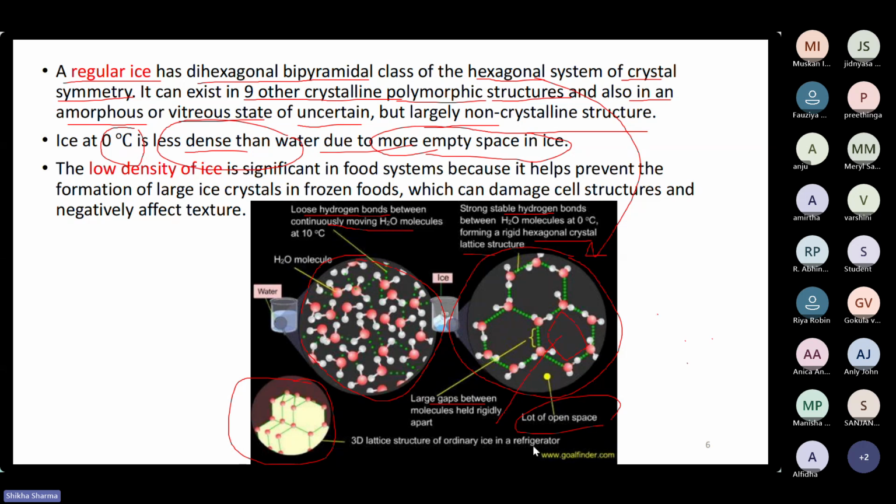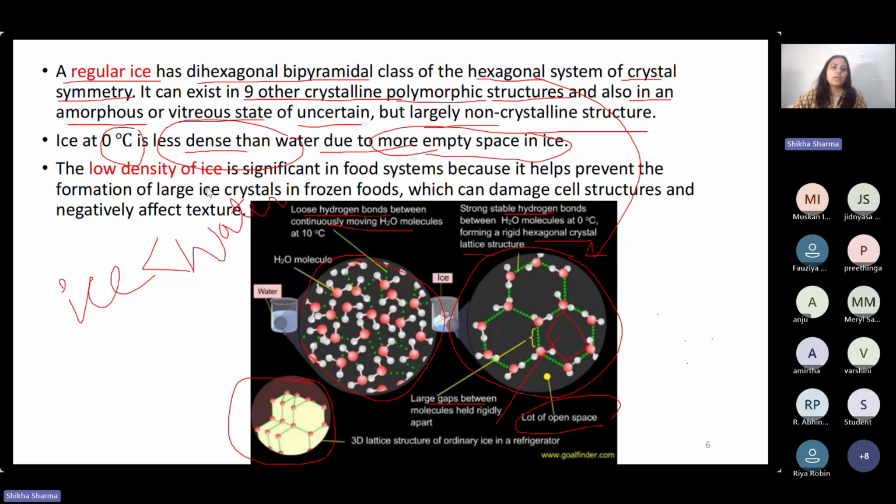Because of this, it forms gaps, and because there is a gap, the density of ice is lesser than the density of water. That's why we see ice floating on the water surface. So the low density of the ice is because of its structural property.